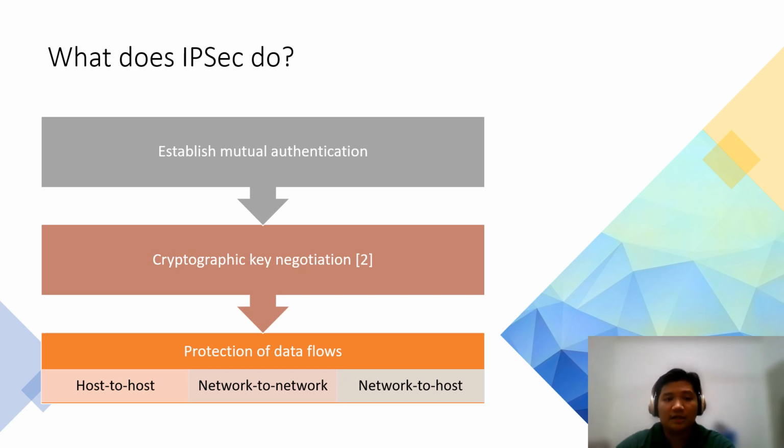IPsec can protect data flows between host to host, between a pair of security gateways, or between a security gateway and a host, or better known as network to host. IPsec uses cryptographic security services to protect communications over Internet protocols, or IP networks.